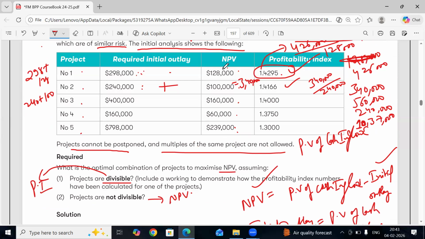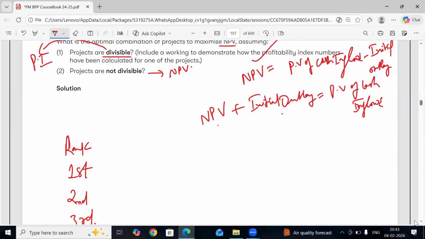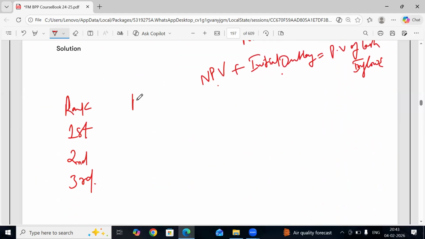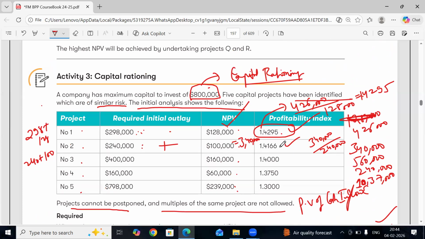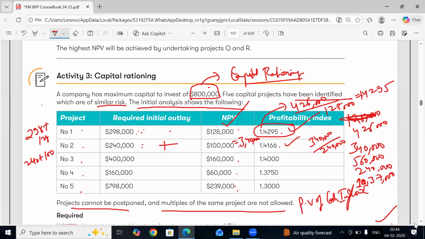Profitability index highest ranking is 1.4295, with NPV of 1,28,000. That is project 1. Then the second highest profitability index is 1.4166, and we will take this.